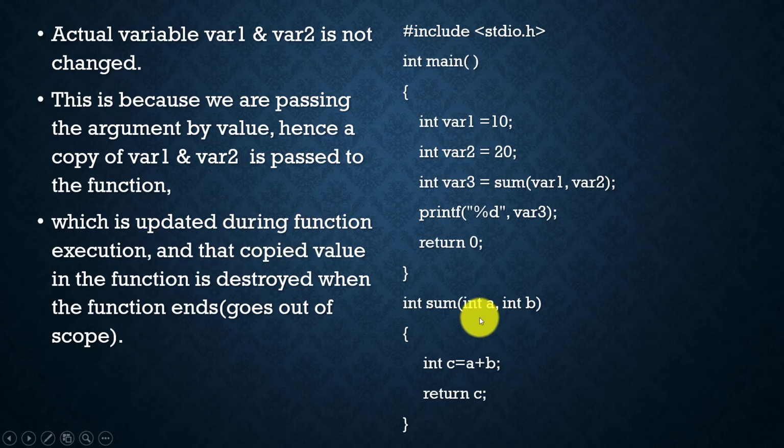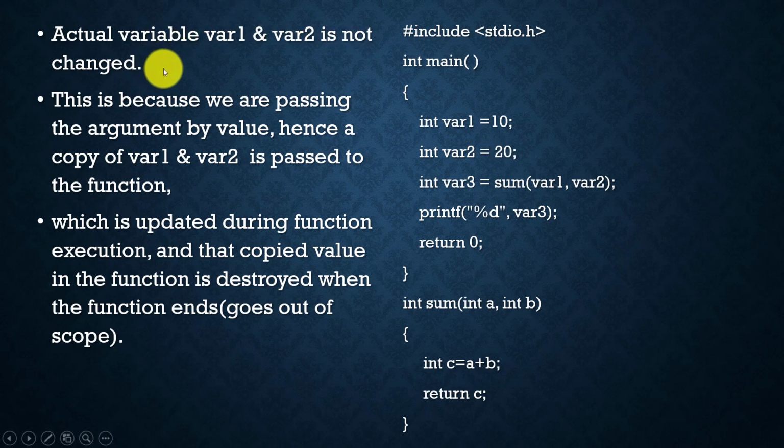There is a chance of updating A and B, that is, the value of A, 10, and the value of B, 20, might change during function execution. While running these statements the values of A and B might change, but still the value of variable 1 remains 10 and the value of variable 2 remains 20.